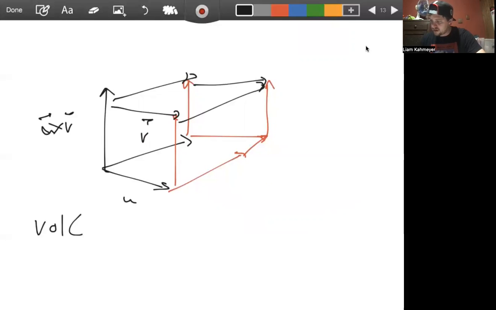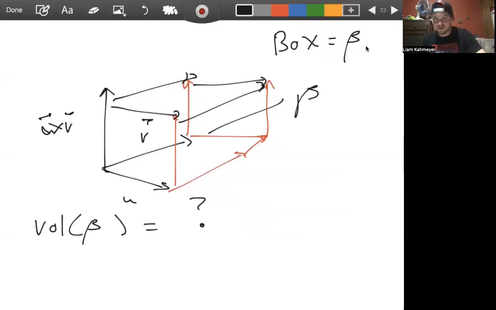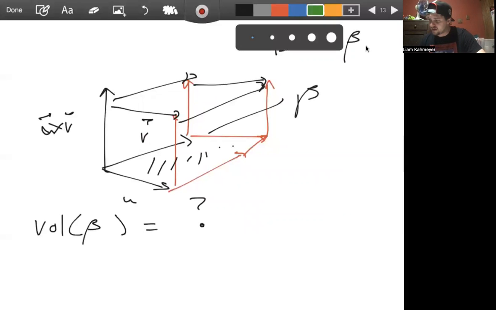So let's denote this box by the variable beta, and we want to calculate the volume of this box. Well, the volume of this box would be the area of the base times the height, right? So let's look more abstractly here for a second.